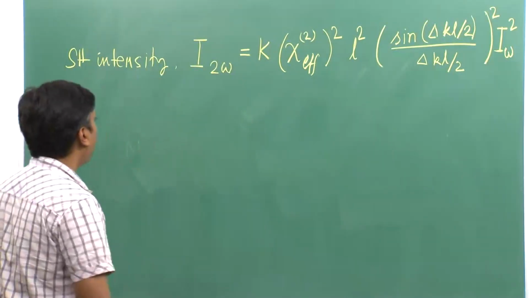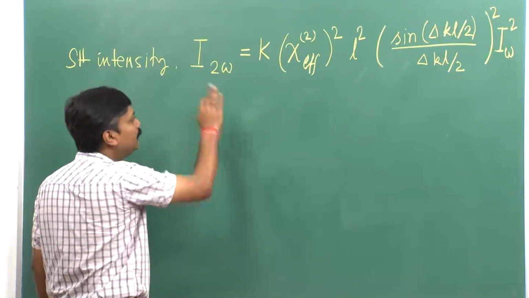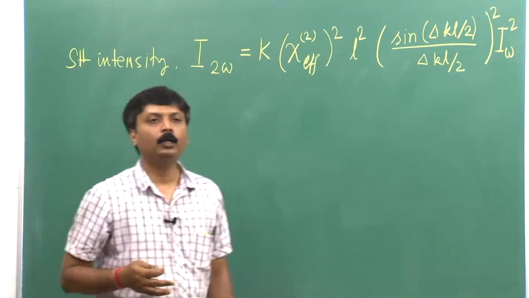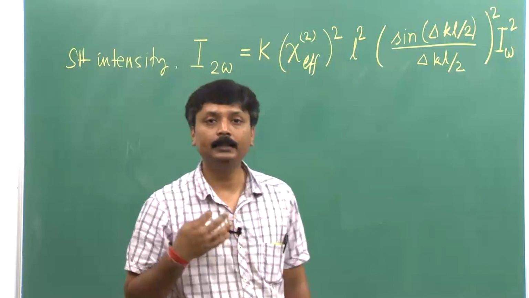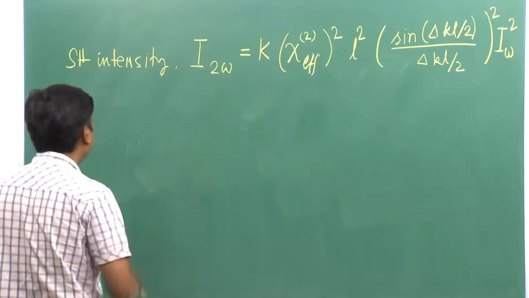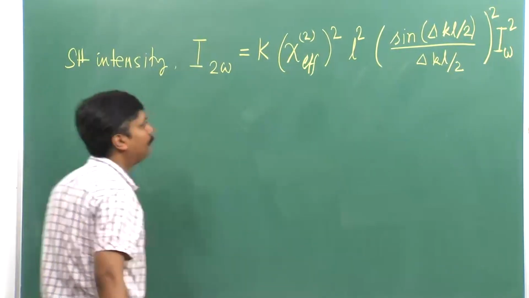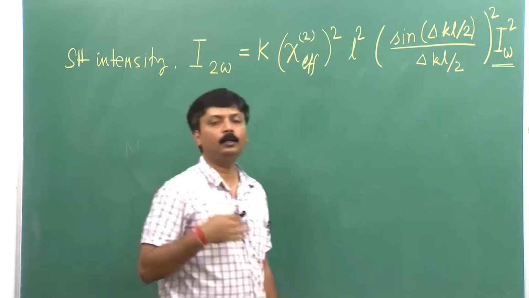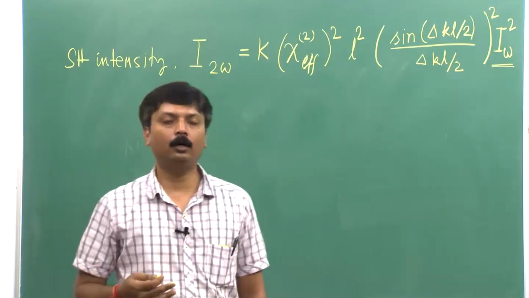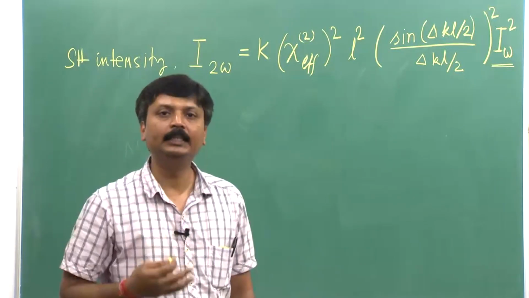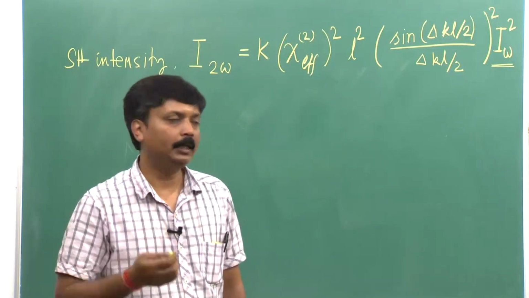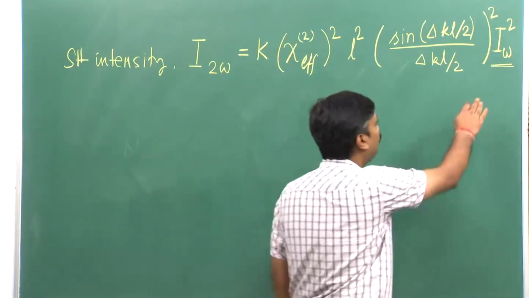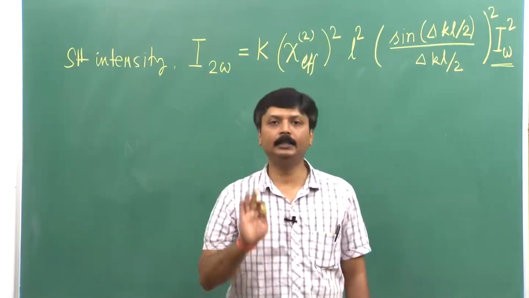From here, what are the conditions that we can find that will help maximize the second harmonic generation? First, you can think about this quantity. The second harmonic intensity depends on the square of the incident power. So, you can imagine that if I increase this power, I can increase the SHG intensity.